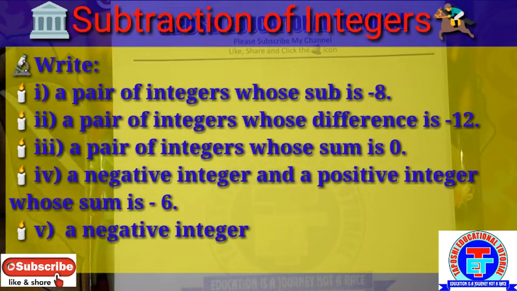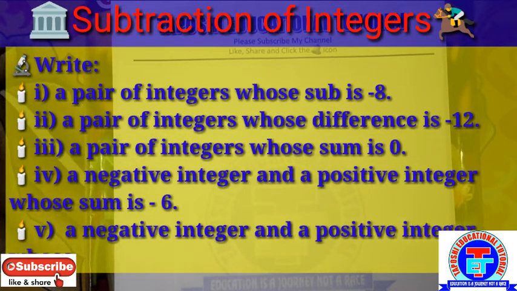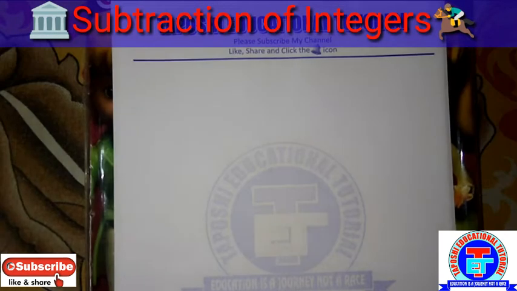Number 3, a pair of integers whose sum is 0. Number 4, a negative integer and a positive integer whose sum is minus 6. And number 5, a negative integer and a positive integer whose difference is minus 4. So let's try to understand clearly.